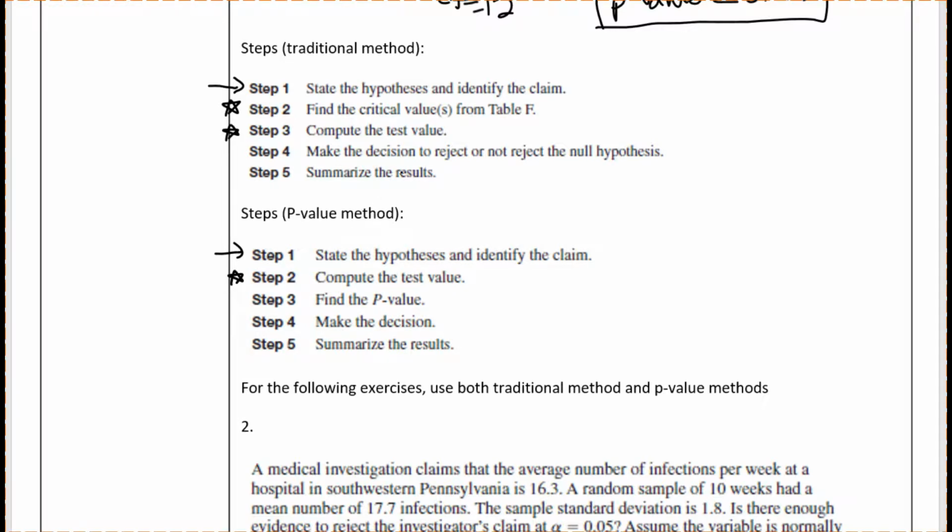In the traditional method, step 2 is to find the critical value, whereas in the p-value method, you want to find the p-value. So one finds the critical value, the other finds the p-value. The other steps are identical.